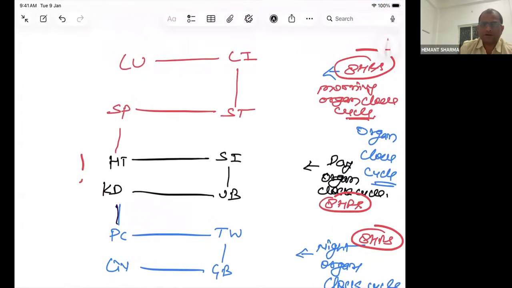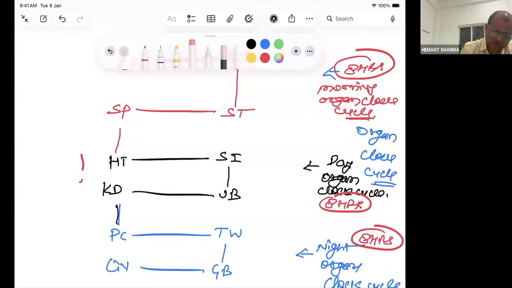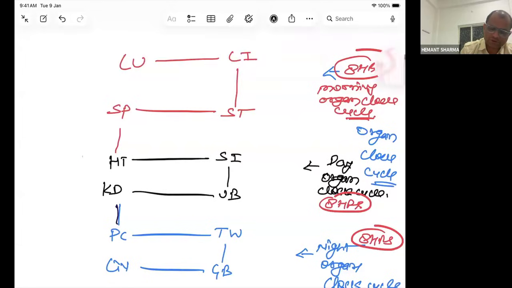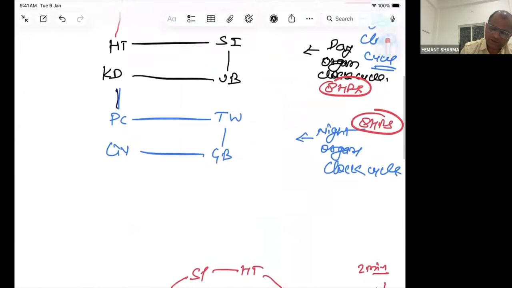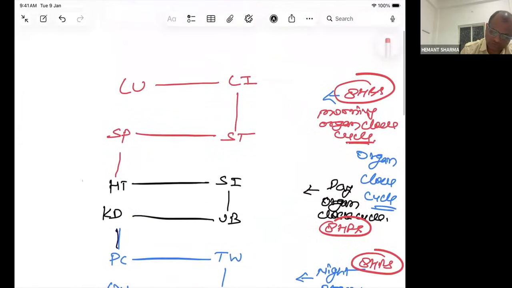If you are having different colors, then make with different colors like morning, day and night organ clock cycle. Otherwise, if you don't have many colors, make with one color only. So make the organ clock cycle in these two ways and kindly put in the group immediately. I'm giving you 2 minutes for this and 2 minutes for this. Total 4 minutes.